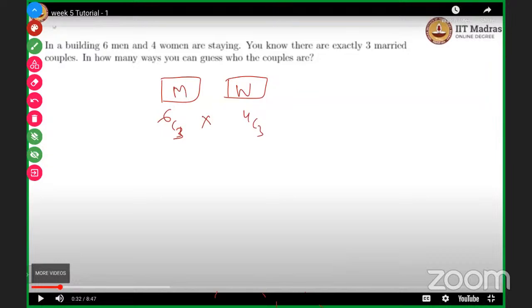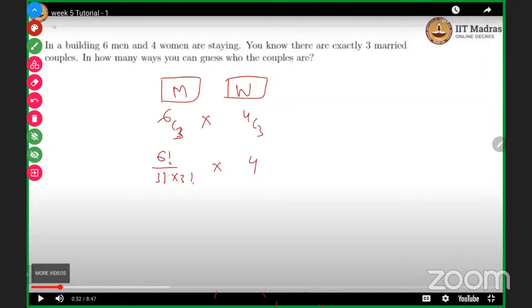Because out of six, I'm choosing three, and out of all the humans, I'm choosing three. And if I do this, 6C3 is going to be, this is six, and this is four itself.